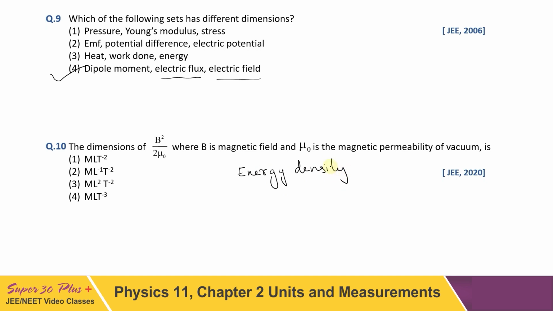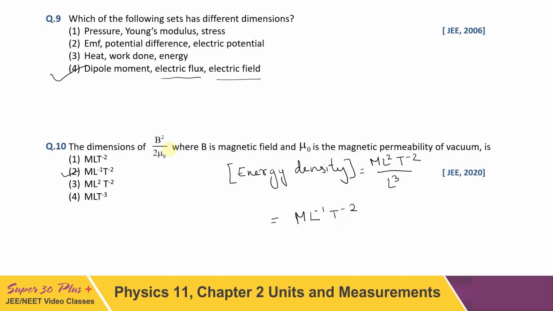So dimensionally it has to be equal to energy, mL2 T minus 2, upon volume, which is L cube. Finally we got mL minus 1 T minus 2. Which option is this? Option number 2. In one of the earlier questions, it was asking for 1 by 2 epsilon naught E square. That was energy density for the electric field, and this is energy density for the magnetic field.